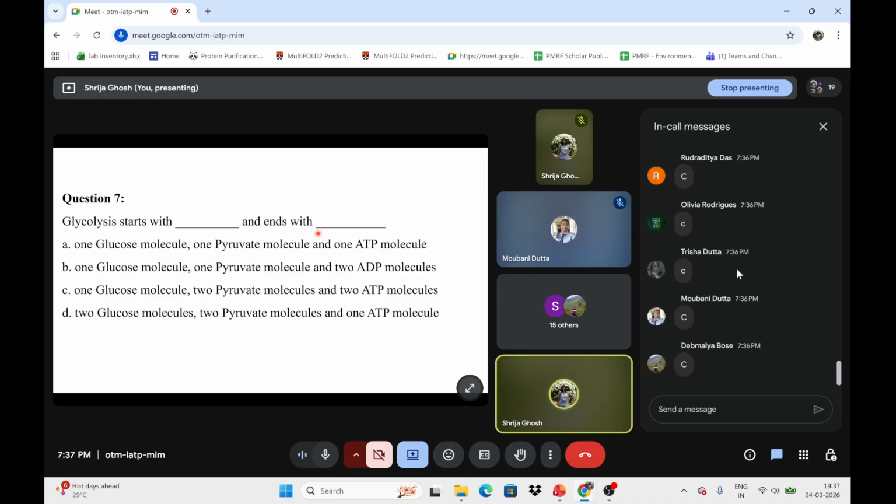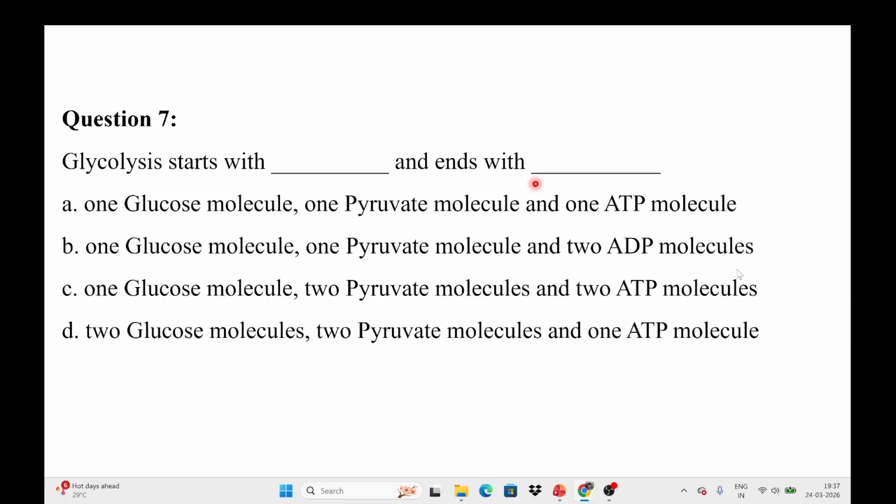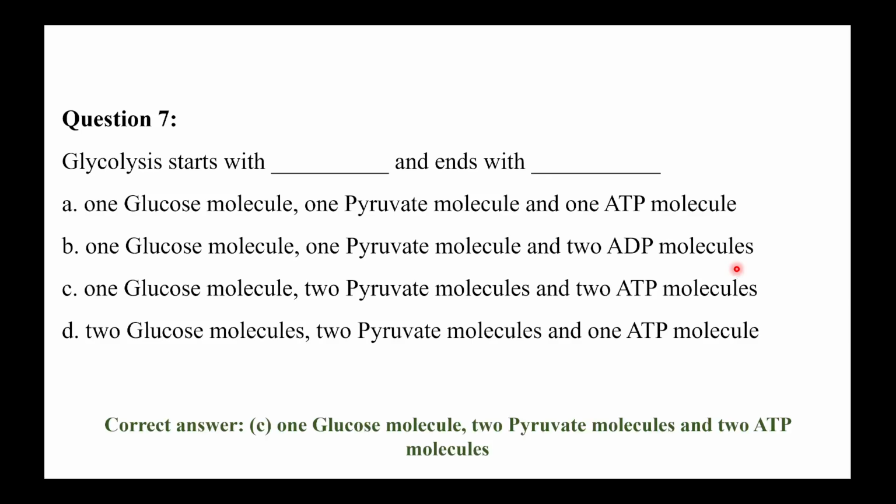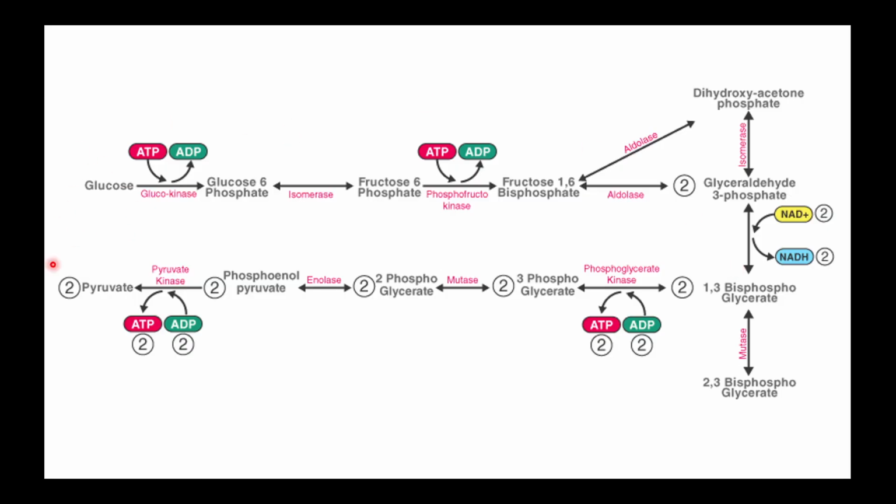I can see most of you have answered option C: one glucose molecule, two pyruvate molecules, and two ATP molecules. That is the correct answer. I've explained how glycolysis starts from glucose and ends at pyruvate. Glucose is a 6-carbon molecule, right? From glucose we get glucose 6 phosphate, which is also a 6-carbon compound.